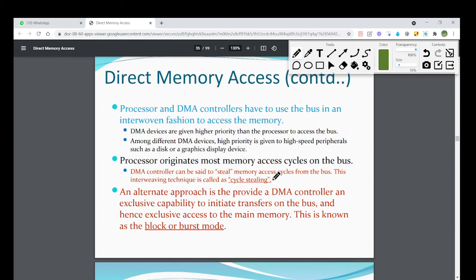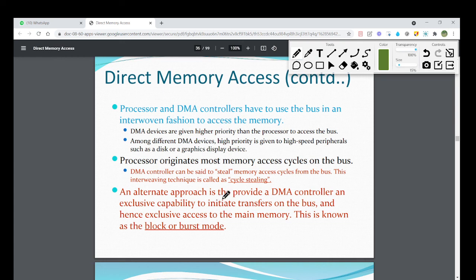So whenever the processor is not using the system bus, the DMA controller will keep on stealing a cycle at a time and progress its process. This technique of stealing the memory cycle from the bus and using it to do its operation is called cycle stealing.